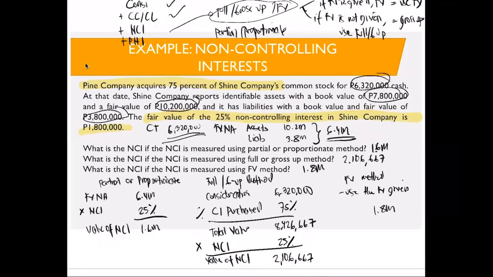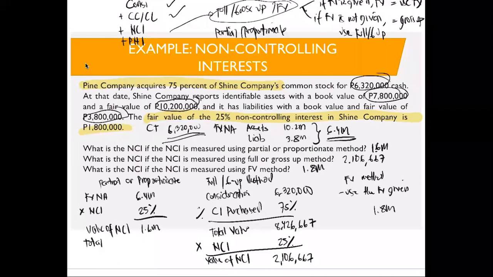So there are three methods for estimating your non-controlling interest. We discussed your partial or proportionate, where we just multiply the NCI percentage to your FVNA, the full or gross up method, and then we have your fair value method.